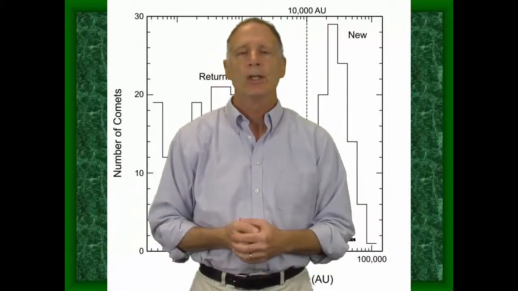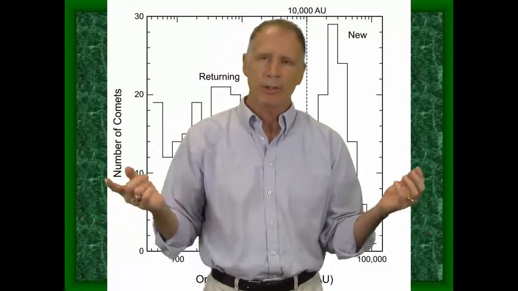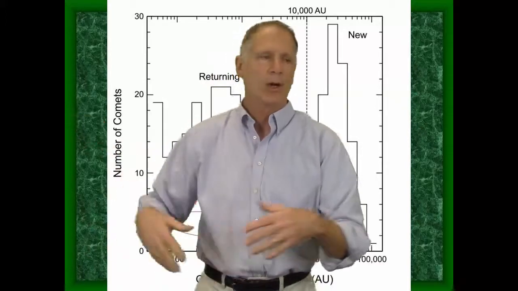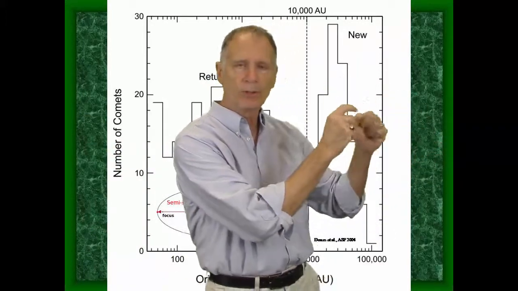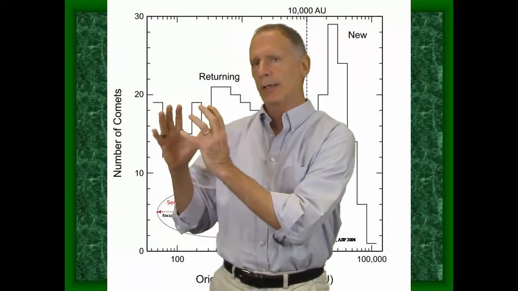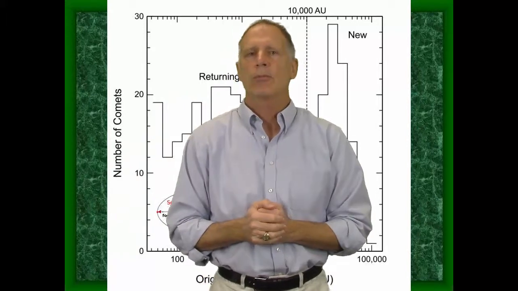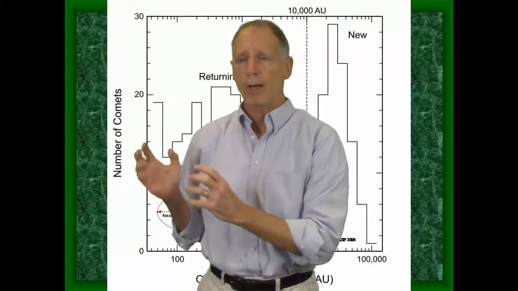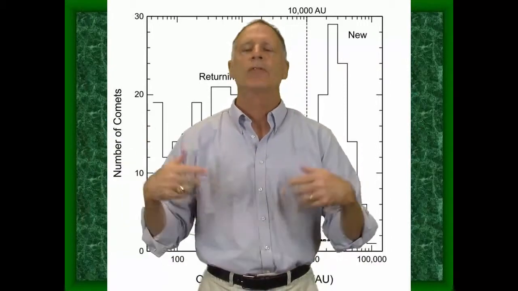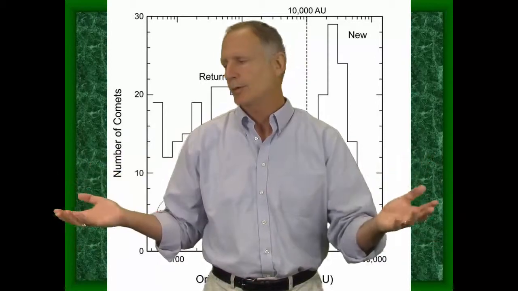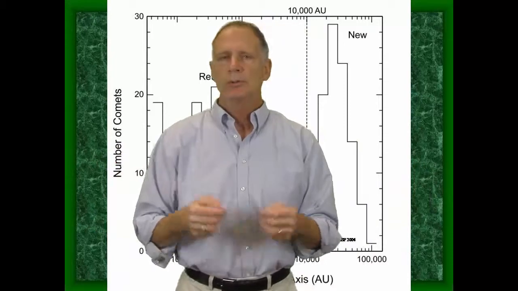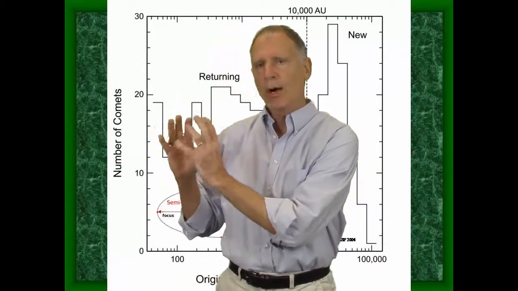There are bound to be things that they'll run into, or that they'll be affected by passing stars. Even the gravitational pull of the galactic center can affect these things. So that's why we think that there's a cloud out there, because these large orbiting comets probably are unstable and would not orbit continuously over the 4.56 billion years that the solar system has existed.